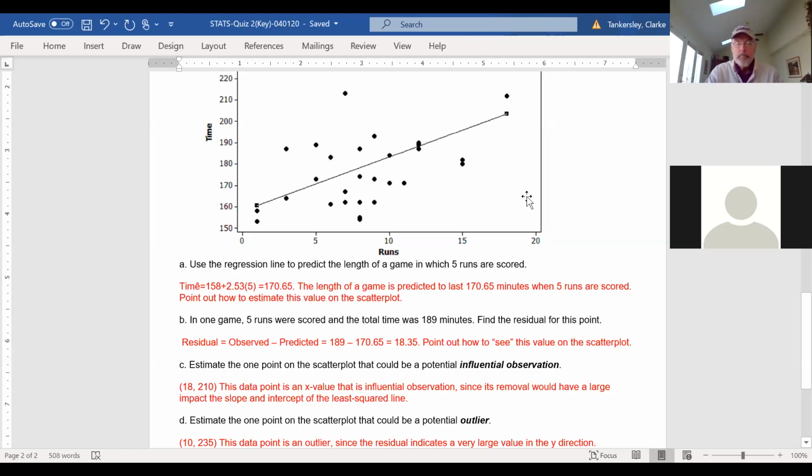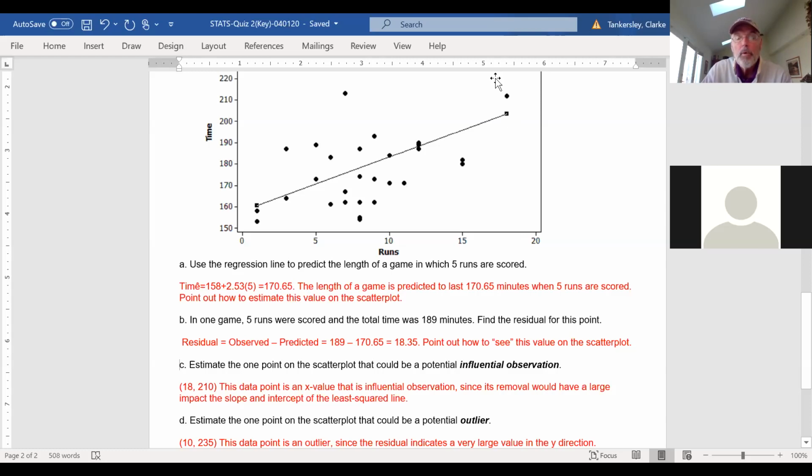All right. Now we slip into the idea of influential observations and outliers, and we were thinking along the lines of this point here, 18 being the x value, and 210 being the y value. We're coming out here, and it's about 18.